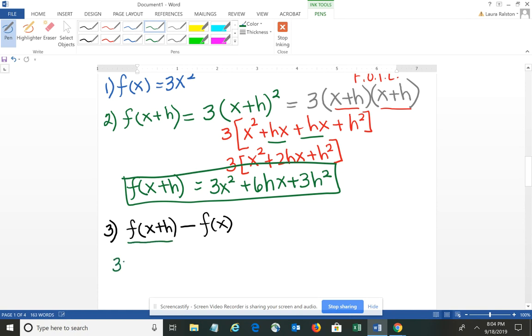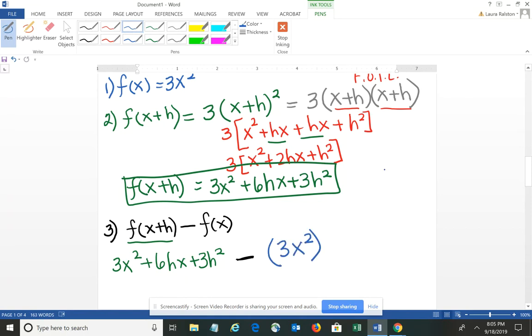So that's 3x squared plus 6hx plus 3h squared minus f of x, which is 3x squared.